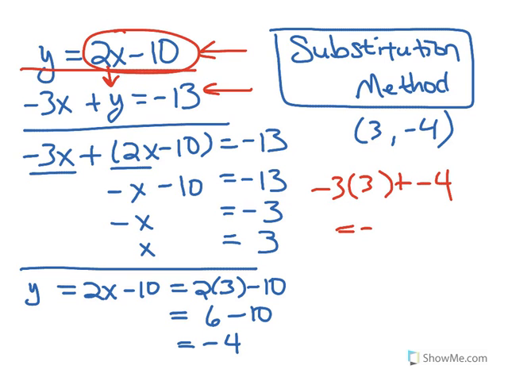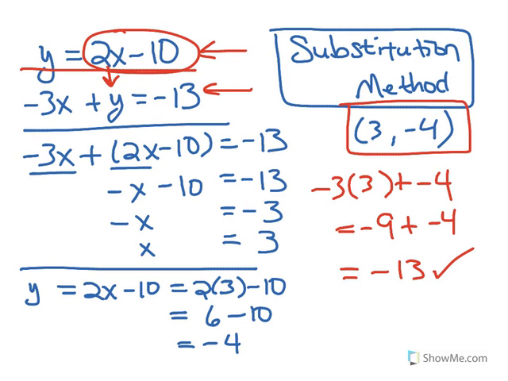Negative 3 times 3 is negative 9. And negative 9 plus negative 4 is negative 13. And that is indeed what we wanted it to be. So we have confirmed that 3, negative 4 is our solution.